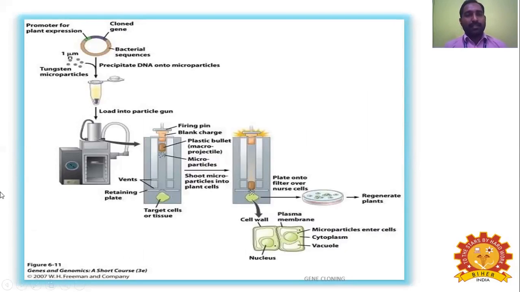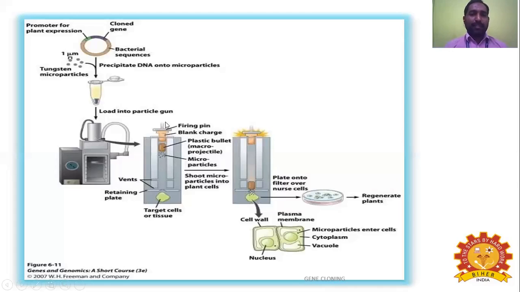So this is the complete diagrammatic representation, with the promoter for plant expression and the cloned gene. Here you have the cloned gene and bacterial sequences, and this entire sequence will be bound to tungsten microparticles, which have affinity towards each other, and this will be in vials, and these vials will be loaded into the instrument, the particle gun compartment, with the firing pin and blank charges.